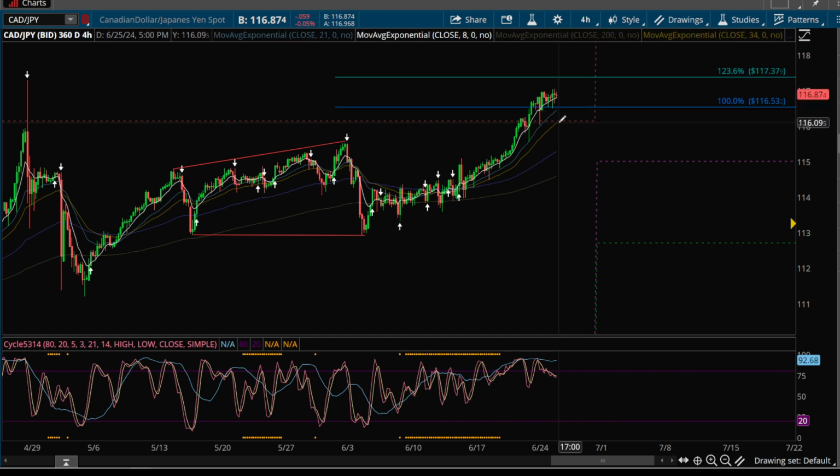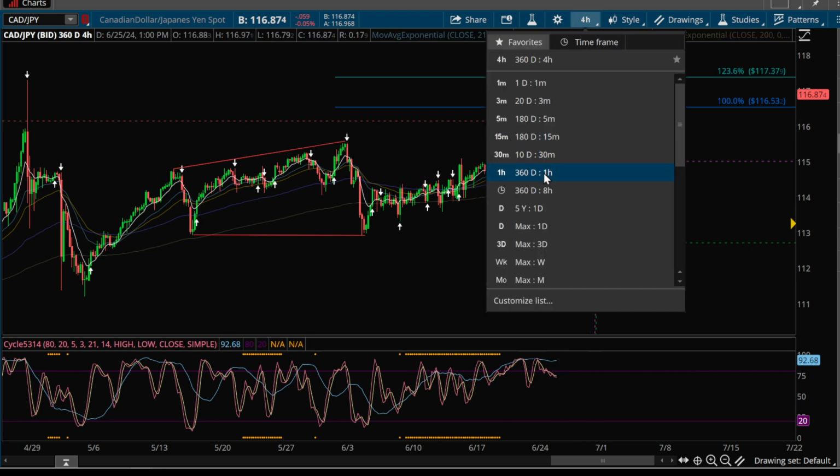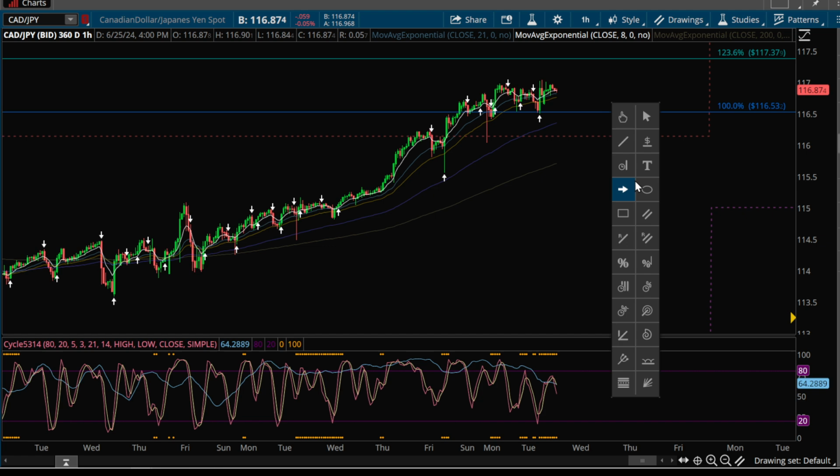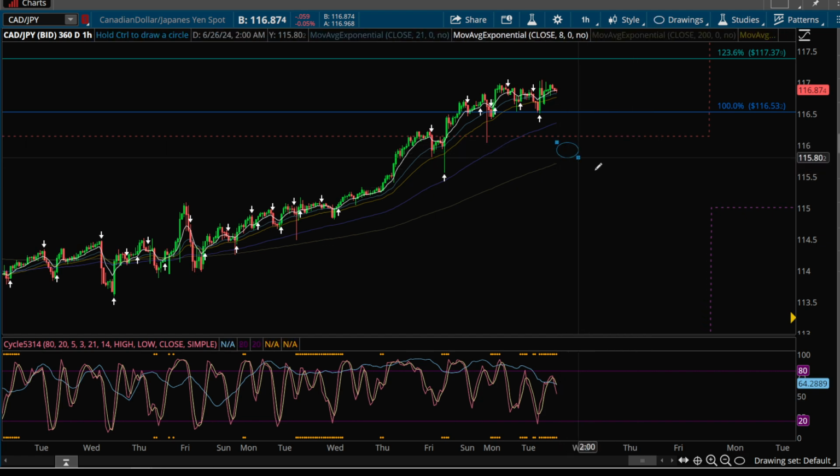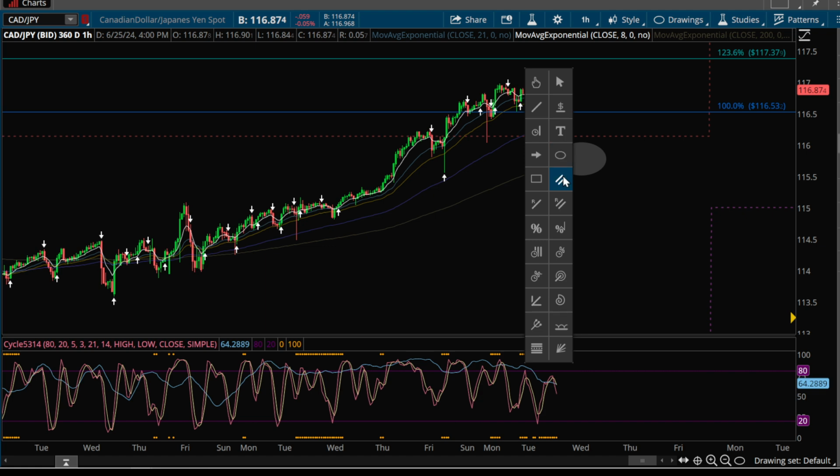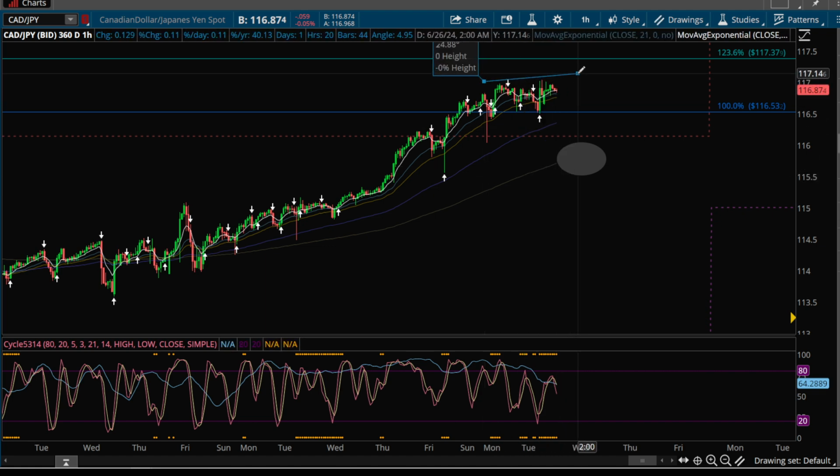If anything, you could have a pullback down to 116, down to your 4-hour 34. So that would be our 1-hour 200. So I do like this entry, so I think I'm in this thing.